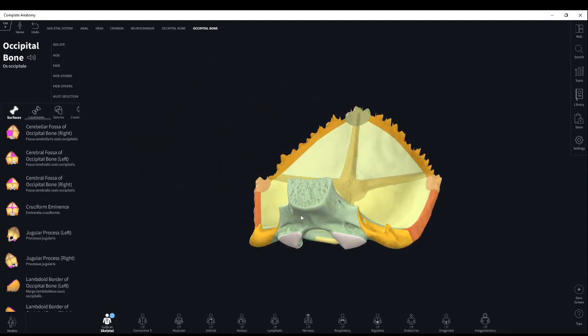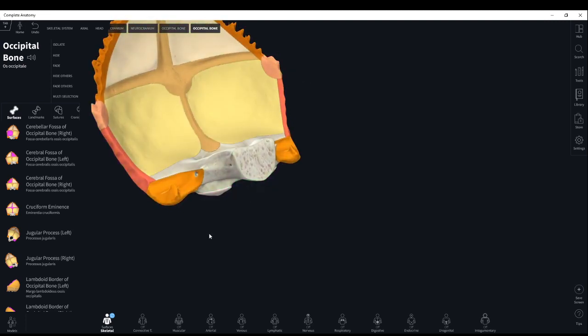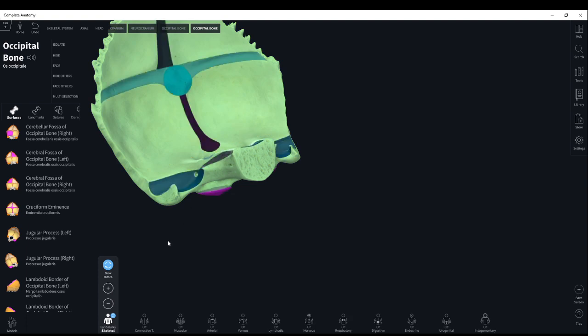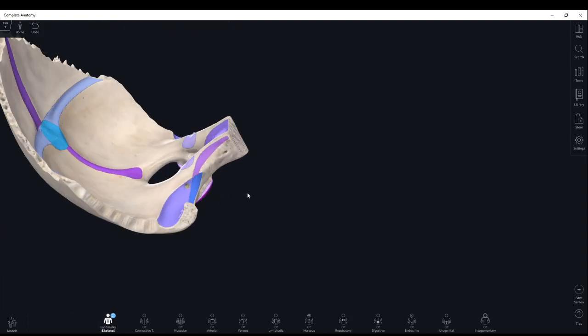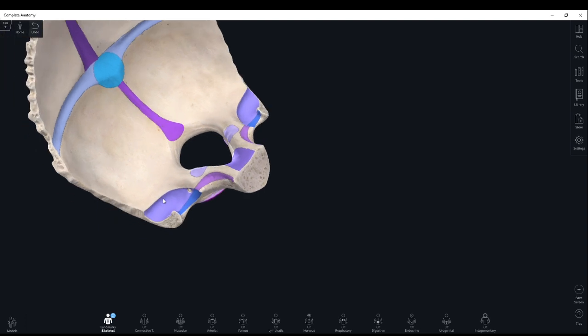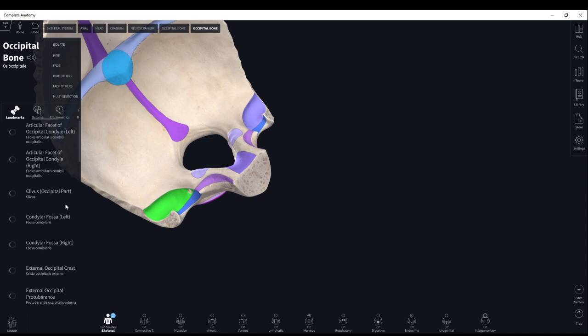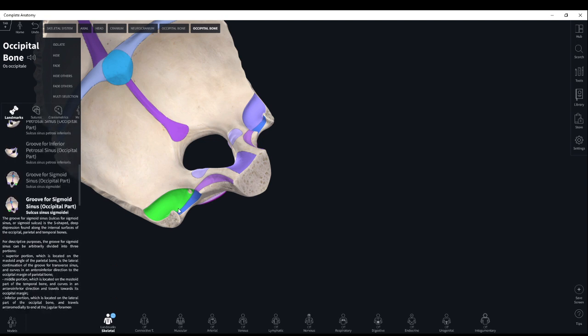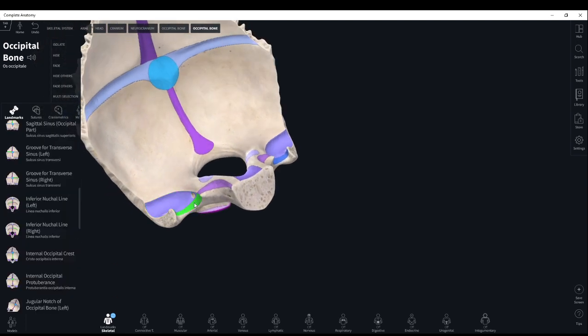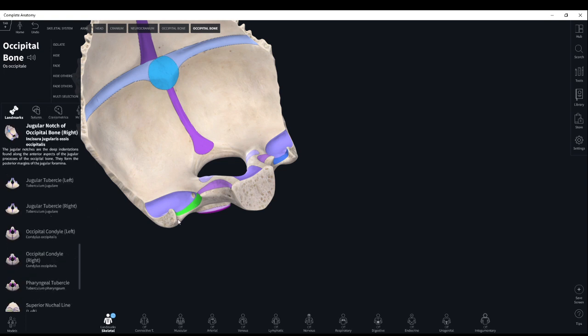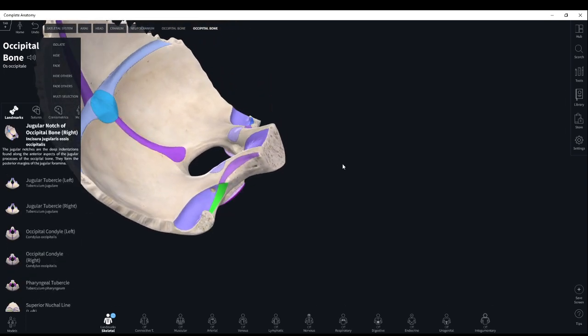The last part of the occipital bone is the internal surface of the lateral part and basilar part. The lateral part internally has a fossa and an incisura, a jugular notch of the occipital bone, which later joins together with the petrous part of the temporal bone to form the jugular foramen.